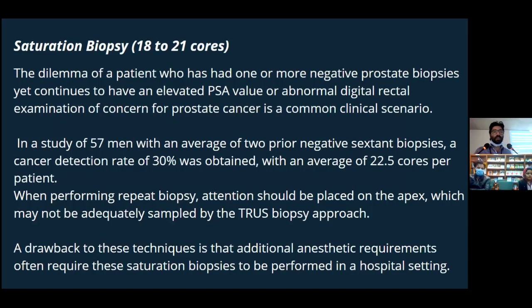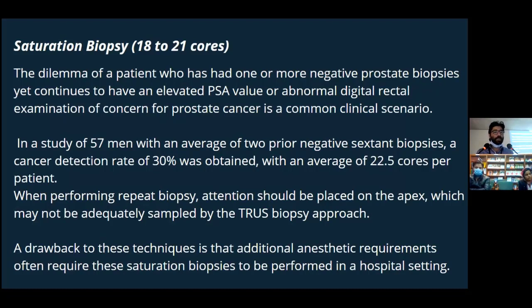Saturation biopsy involves 18 up to 21 cores. We have some patients who have a negative prostate biopsy, but yet rising PSA levels. In a study of 57 men with an average of 2 prior negative sextant biopsies, a cancer detection rate of 30% was obtained with an average of 22.5 cores per patient.